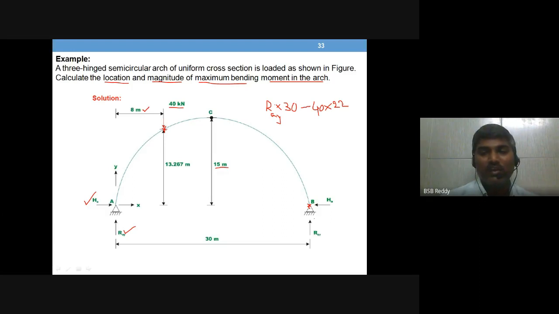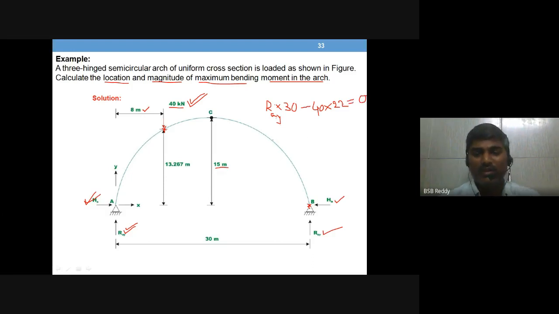RBY is acting at B, HB is acting at B itself, and HA will pass through point B. So these three reactions will not develop moment at B. So out of 5, 3 moments from 3 forces are 0. So the remaining 2 are RAY and 40. That is what you have written here, and it is equal to 0.